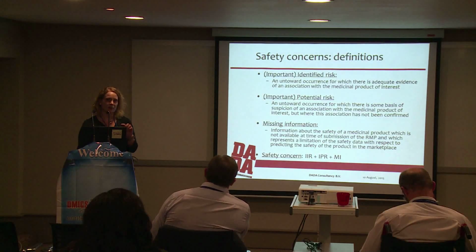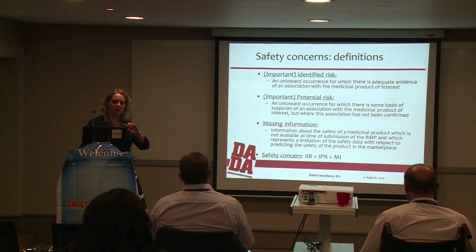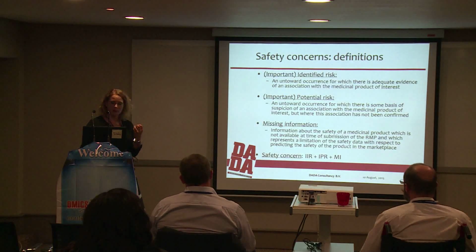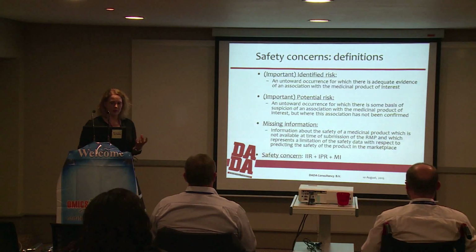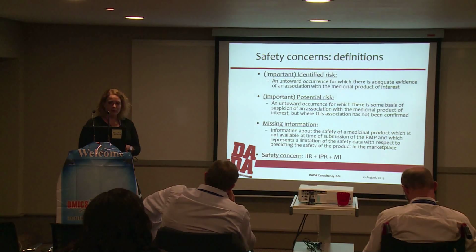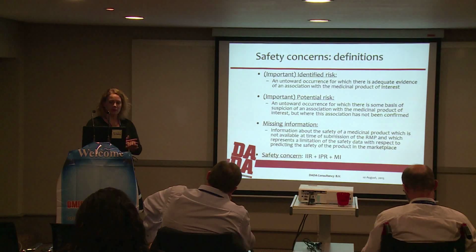So these are the ones that generally would require further investigation and at some point might become redundant or could become an identified risk at an update of the RMP. And there's the missing information. So that's data that is not available at the time when you submit the risk management plan. And these 3, so the important identified risks, important potential risks, and this missing information, are referred to as safety concerns. And that's what you describe in your risk management plan.